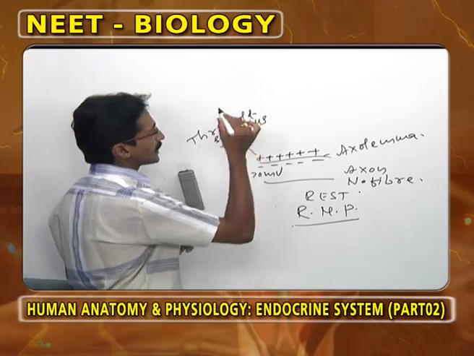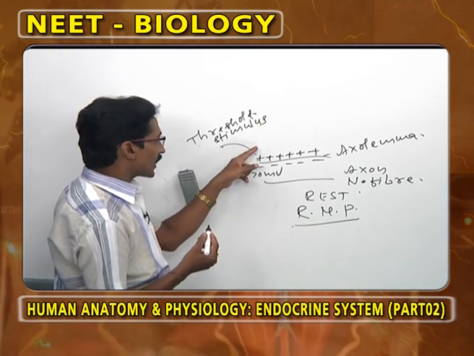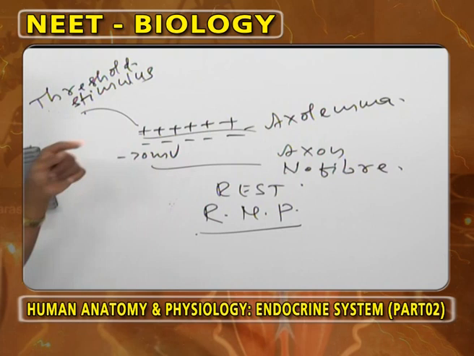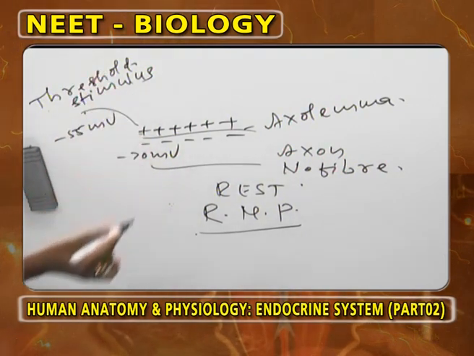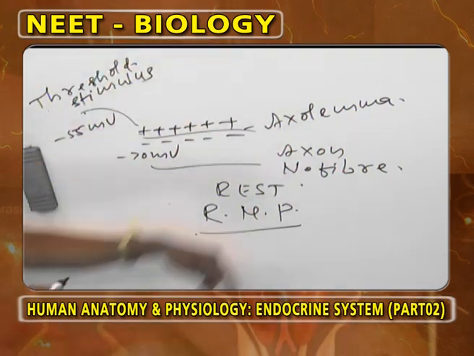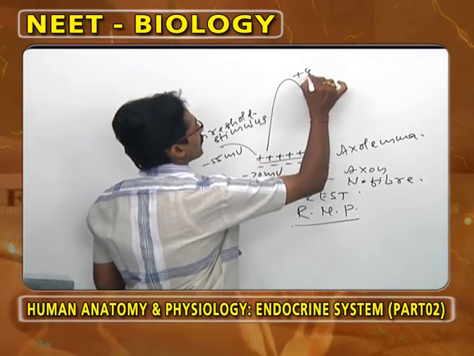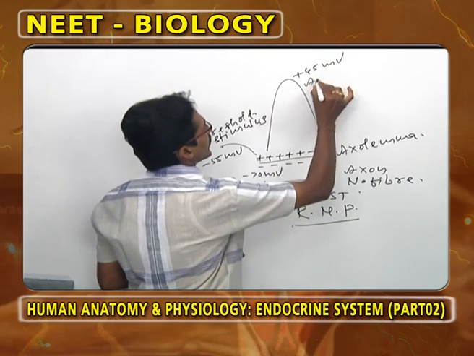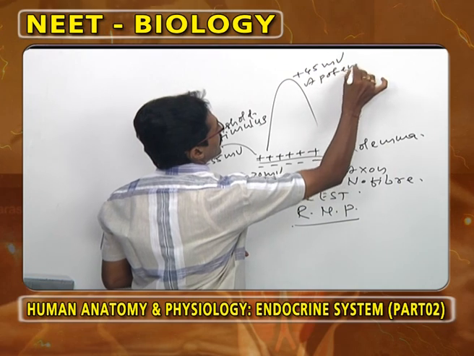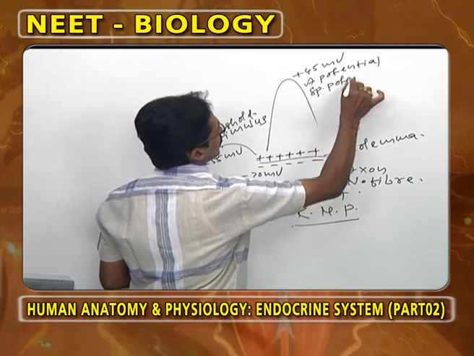Because of the threshold stimulus, minus 70 millivolts becomes minus 55 millivolts and suddenly rises to plus 45 millivolts. This we call the action potential, or the spike potential.